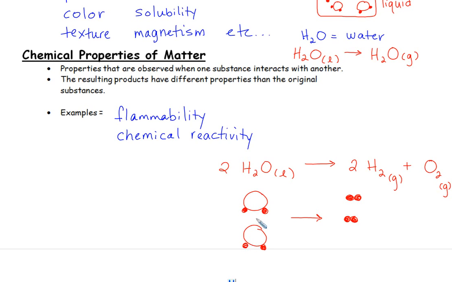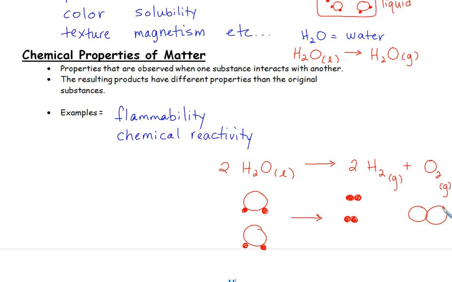I started with 2 oxygen atoms, and I still have 2 oxygen atoms. But now they're bonded together instead of being separated into 2 individual water molecules. That's a chemical change, where the structure of the original particle is totally different, and the products have new properties.